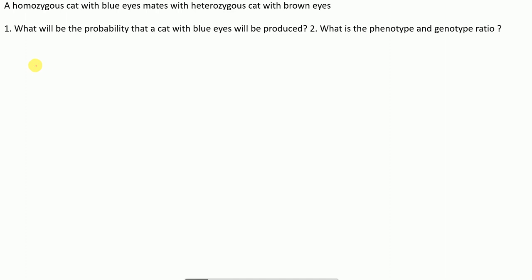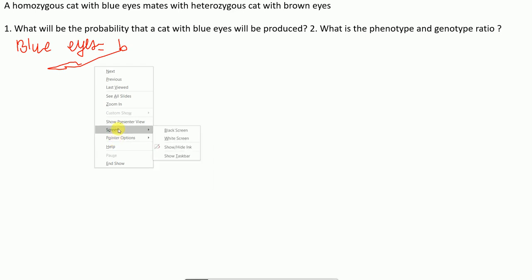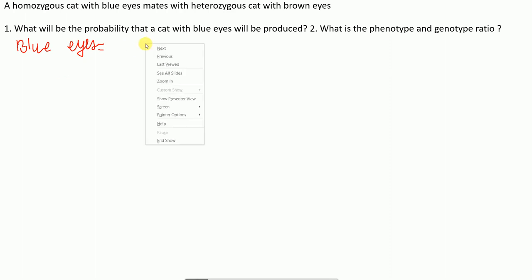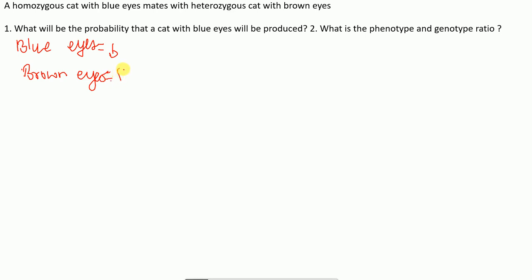So blue eyes is referred to by small b, whereas brown eyes is referred to by capital B, since brown eyes is a dominant allele, whereas blue eye is the recessive allele.